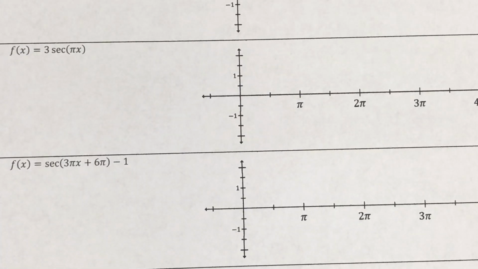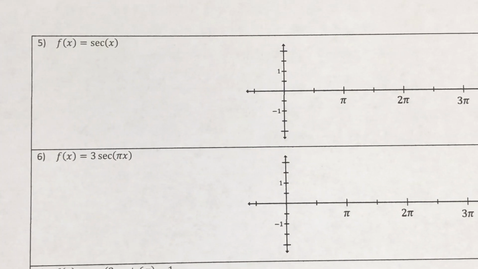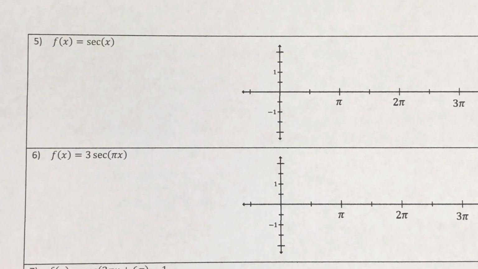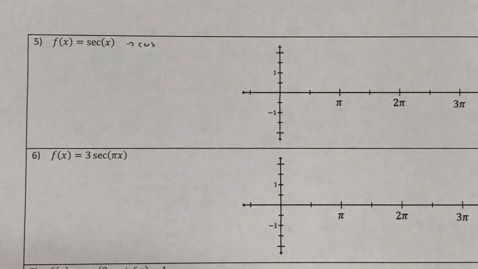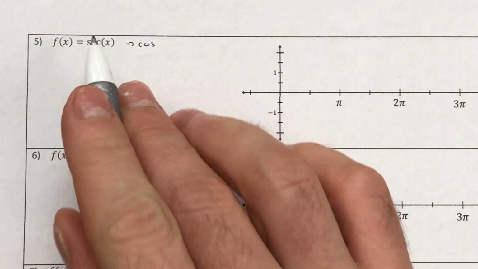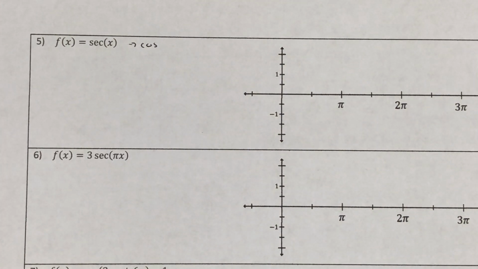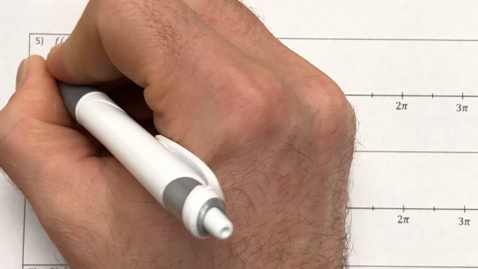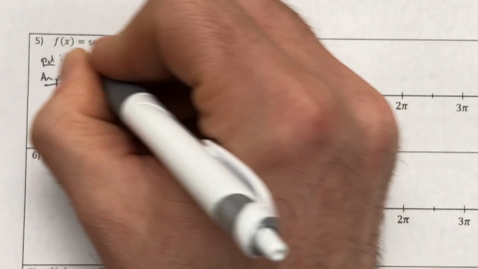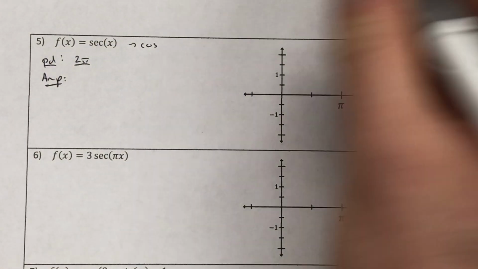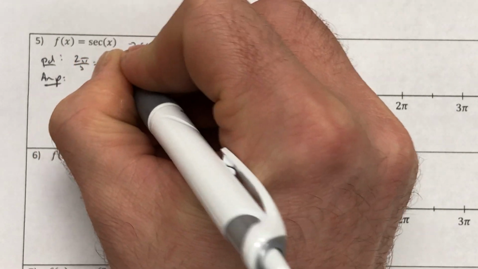Let's try out secant. So secant, if cosecant was paired up with sine, secant is paired up with cosine. So I'm going to graph my cosine and then do the exact same thing in order to graph my secant wave. I'm going to find my period, my amplitude, and any sort of shifts. My period here is 2 pi over b, which is just 2 pi.